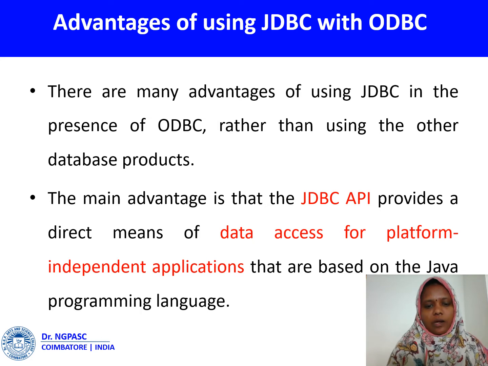While using ODBC, it is a platform dependent process. But if we use JDBC, it is platform independent. If we create an application in some other OS, then run and execute it, and connect our database on some other platform, it is possible to connect our application to the database. That's why we move from ODBC to JDBC.